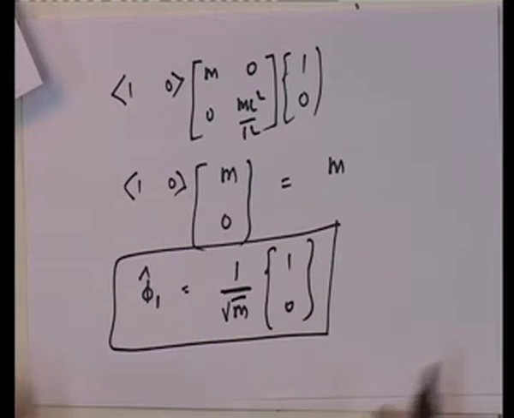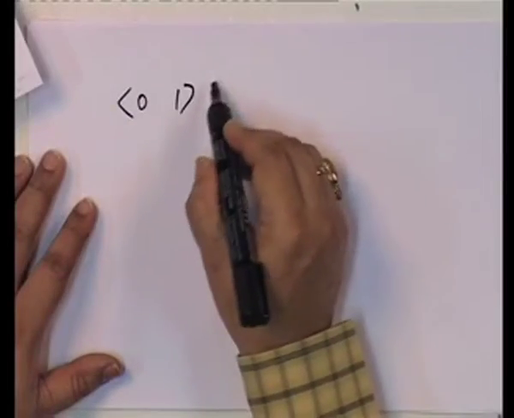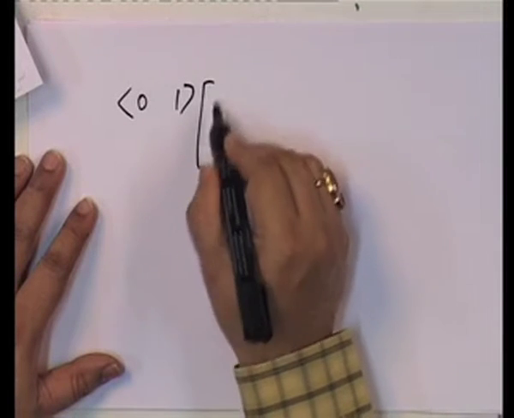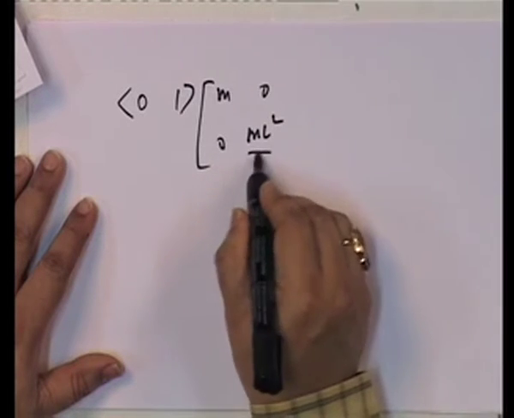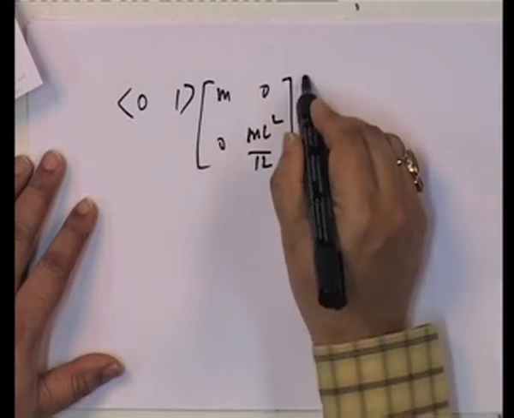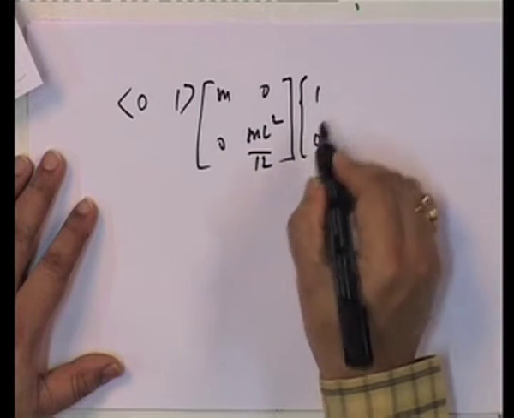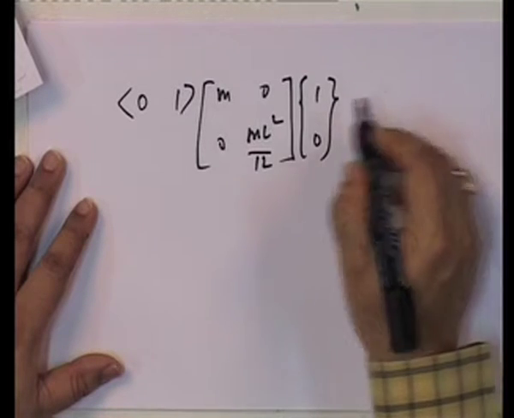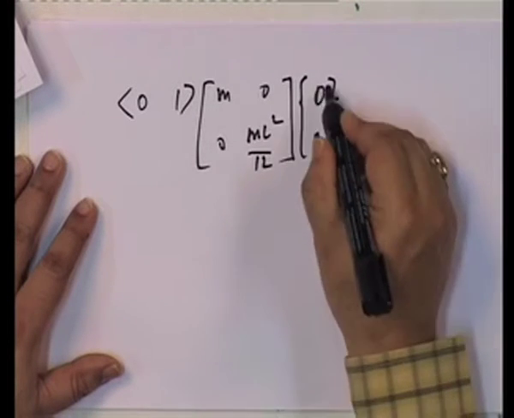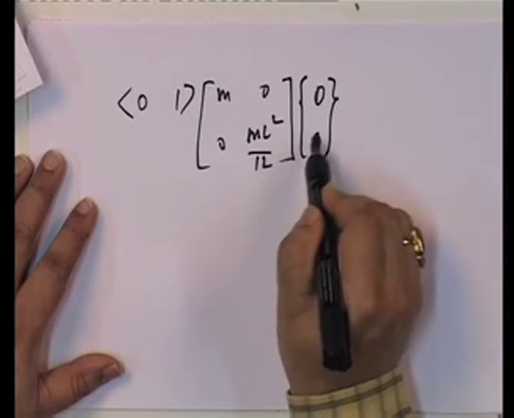Similarly, what would my orthonormal second mode shape be? Let us see. It is 0, 1, that is phi 2 transpose, times m, 0, 0, m L squared by 12, times 0, 1. That is phi 2 transpose m phi 2.